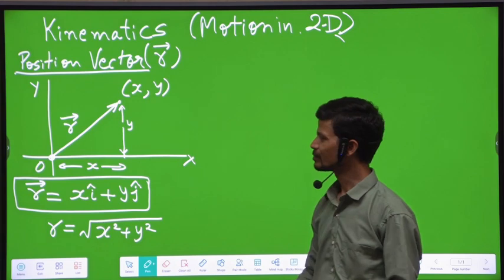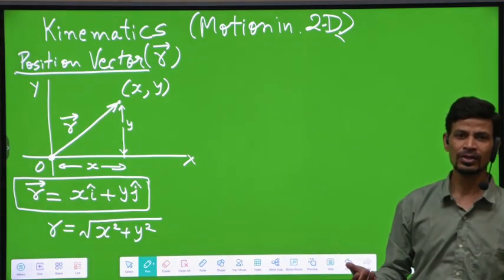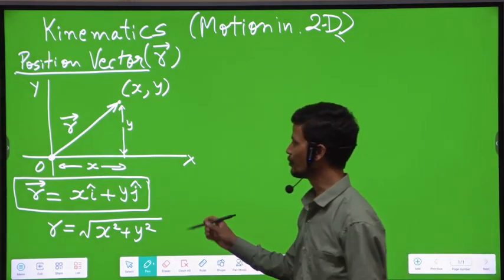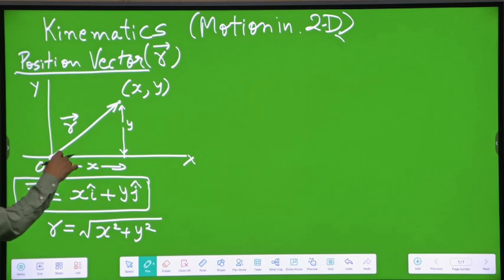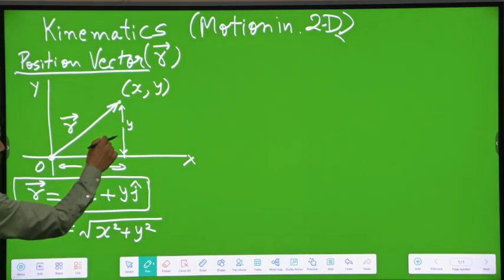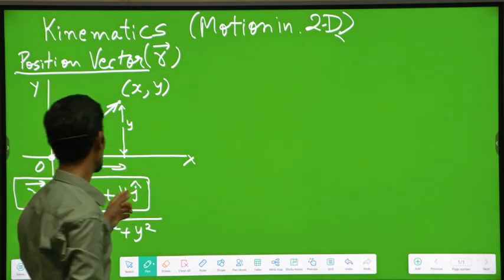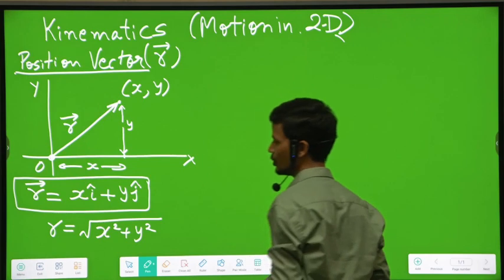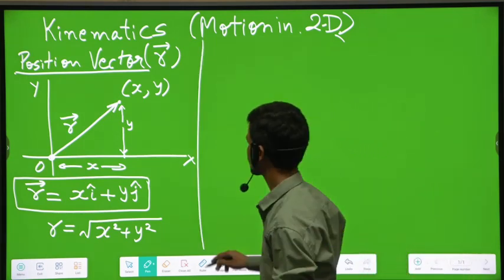Why is it so? In vectors we have studied that if there are rectangular components of a vector, then we can square them, add them and take the root. That will give the magnitude, or simply we can apply Pythagoras theorem and find the magnitude r. So this is all about position vector.